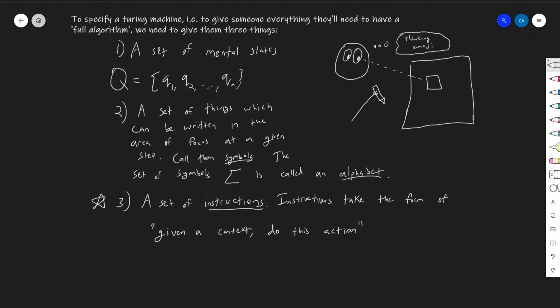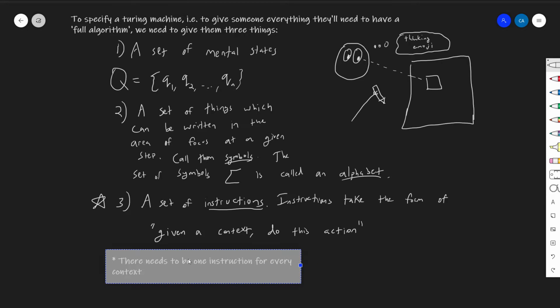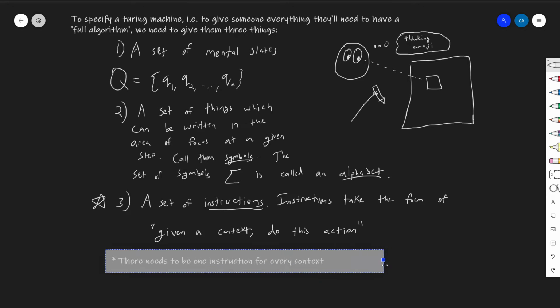So let me go ahead and specify some specifics about these instructions. I'm just going to make this a bulleted list. There needs to be one instruction for every context. Obviously, more than one instruction for every context would be weird, although some people do mess around with that, including myself.